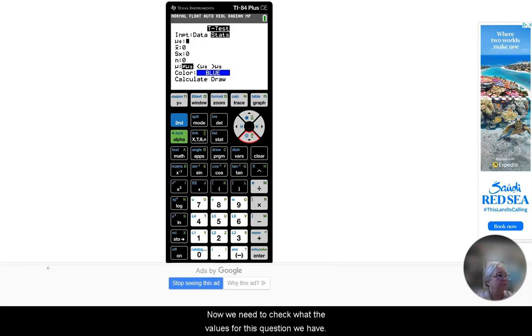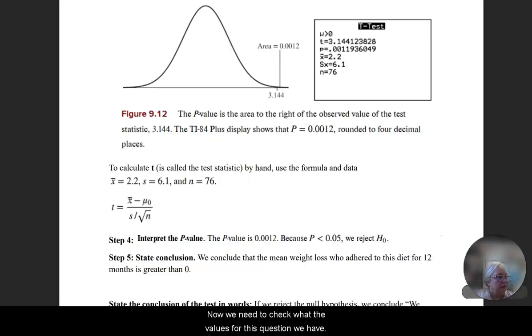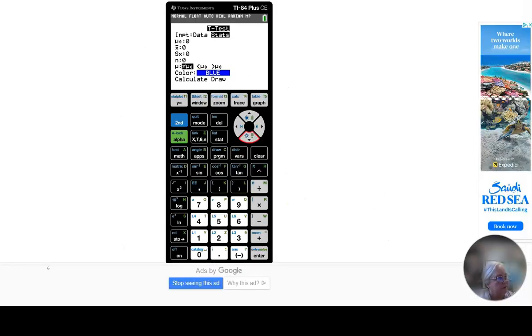Now we need to check what values we have for this question. So mu is 48. X bar is 49. Sample standard deviation is 28.